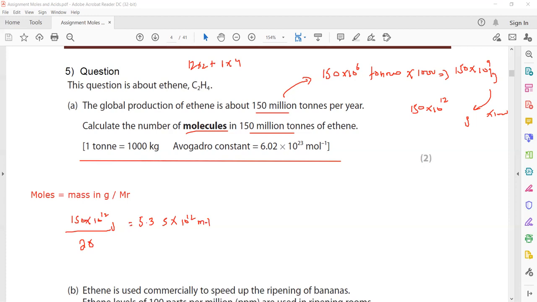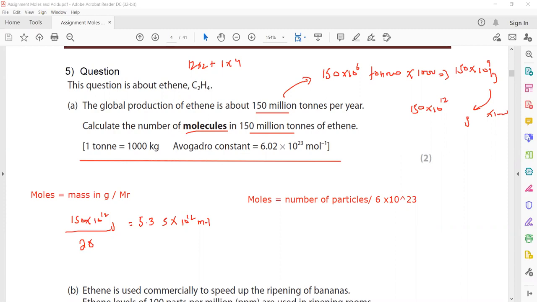We know the formula which relates the moles and the number of particles. So moles equal number of particles, it can be atom, molecule, or ion, divided by Avogadro's number, which is 6 into 10 to the power 23. So we have the moles, we need the number of particles.